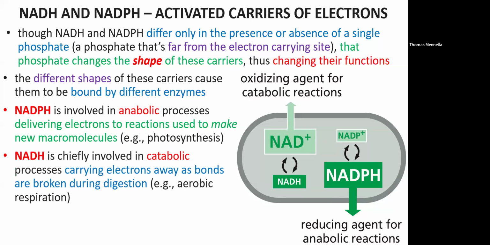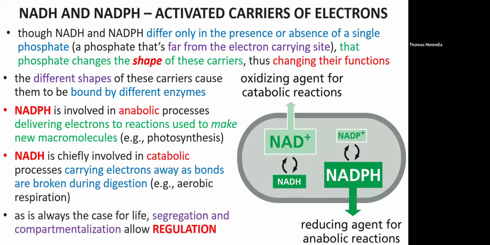So whenever we're doing a catabolic process and we're scavenging and harvesting electrons to trap their energy, we're going to see NAD involved. NADH is its reduced form. So this is just another example of segregating and compartmentalizing. NADP and NAD fit into different enzymes. They can get into different parts of the cell. They both carry electrons, but for completely different roles. NADP carries electrons for making new molecules, and NAD carries the electrons that were harvested from breaking food molecules down. And by having two different carriers that work with two different sets of enzymes, we separate these two processes and we allow for the processes to be independently regulated.